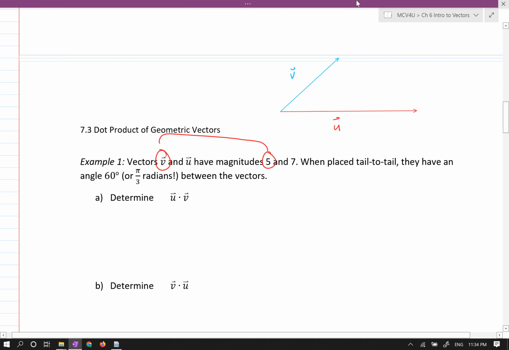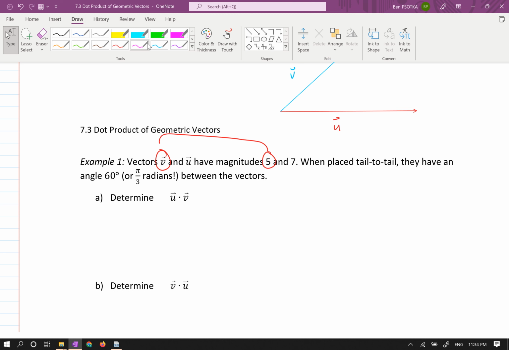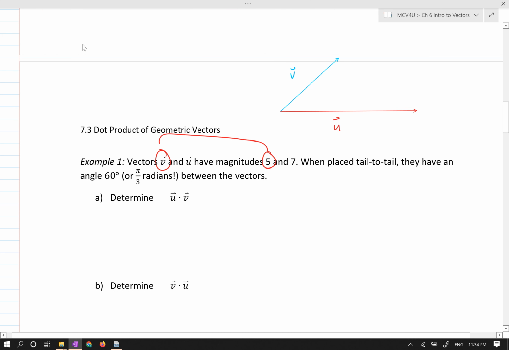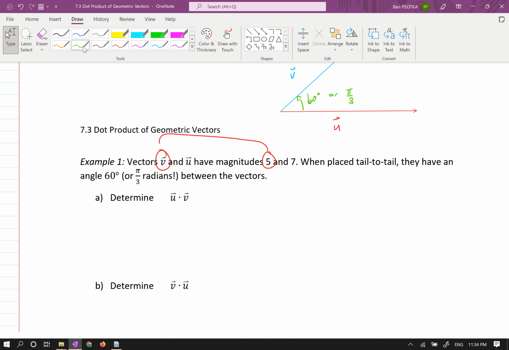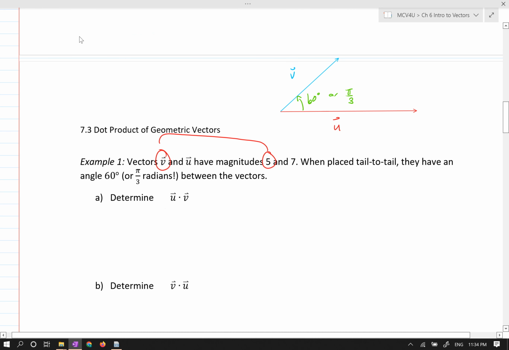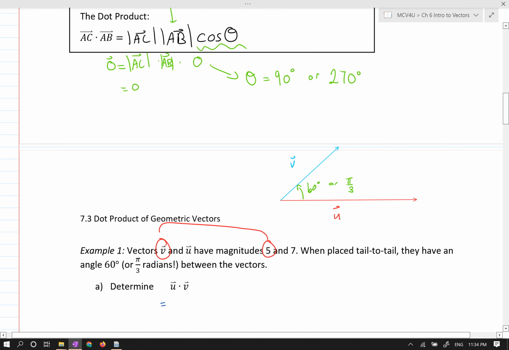Good stuff. Now what we have right here, we're told that when we place them tail to tail, they have an interior angle of 60 degrees or pi over 3 radians between our two vectors. All right, so if we're going to calculate u dot v, then according to our dot product equation, we're going to work with the magnitude of vector u times the magnitude of vector v times the cosine of theta.